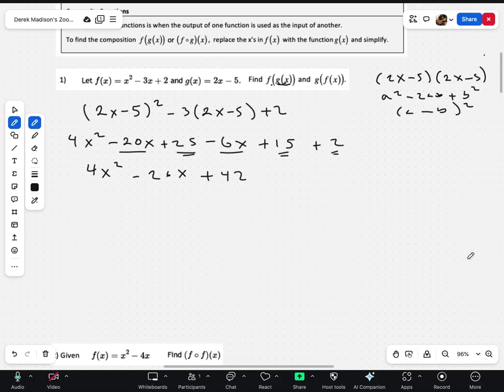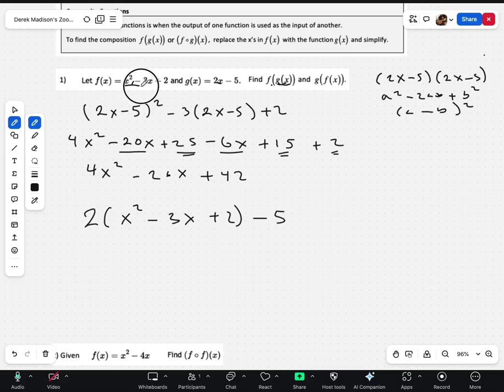For g of f of x, that means we're going to evaluate g at f of x. So for this x right here, we're going to plug in f of x. That would look like 2 times x squared minus 3x plus 2, minus 5.